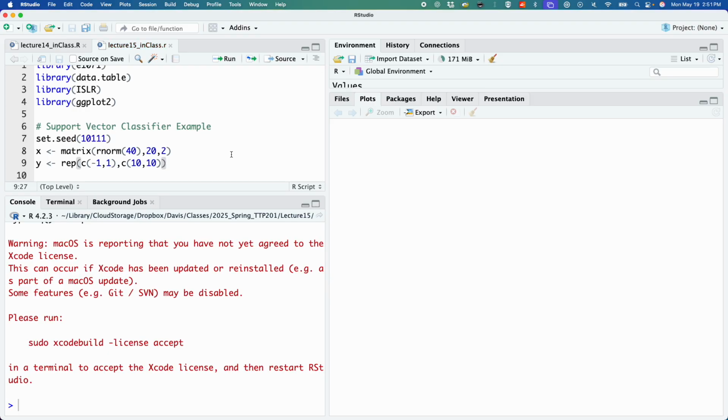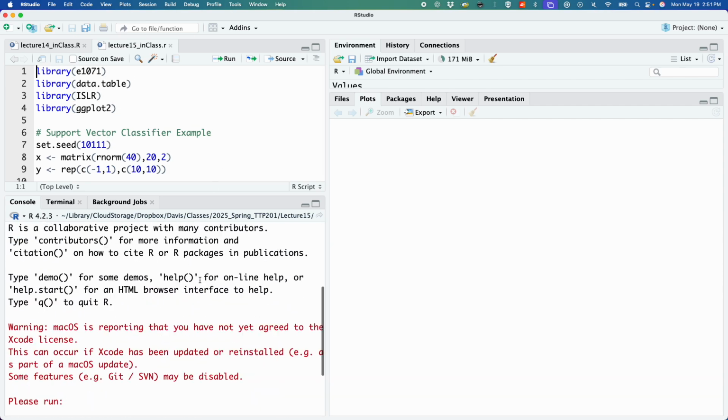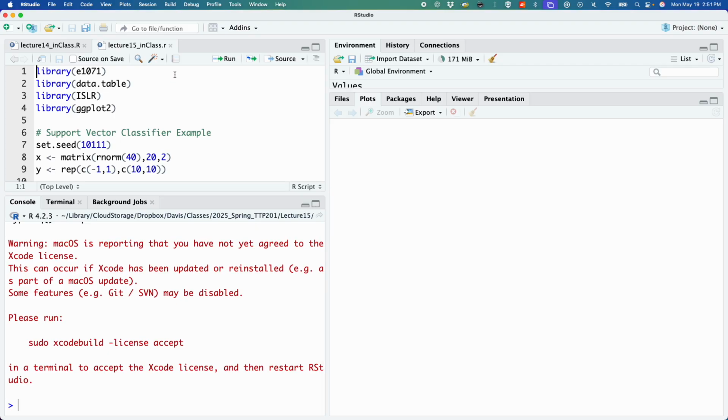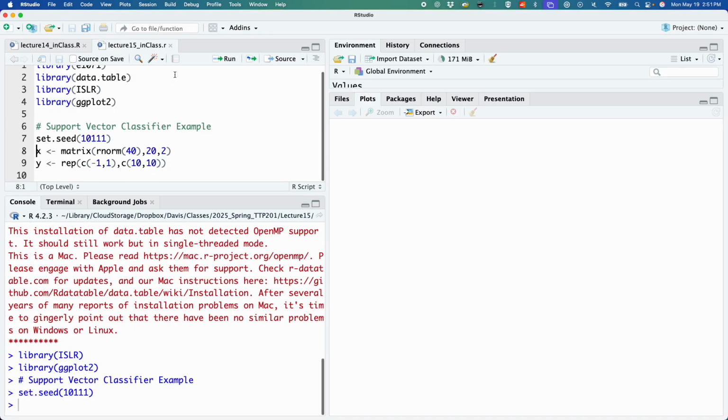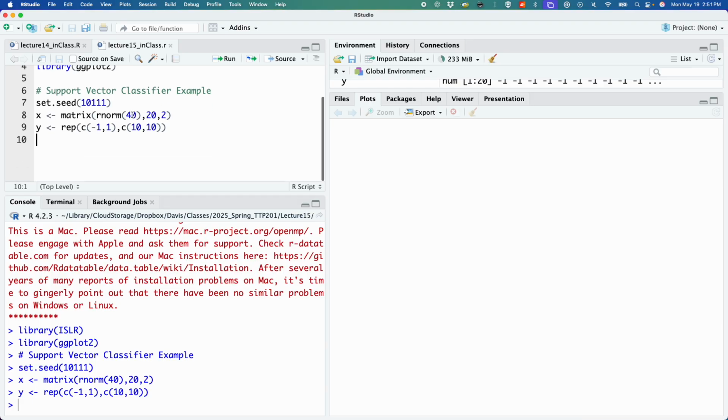Okay, and all I'm doing right now is building out my data set. This is not the external data set yet.